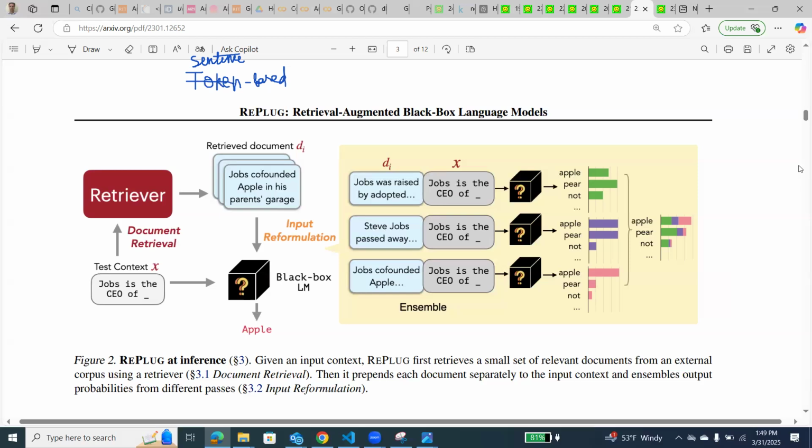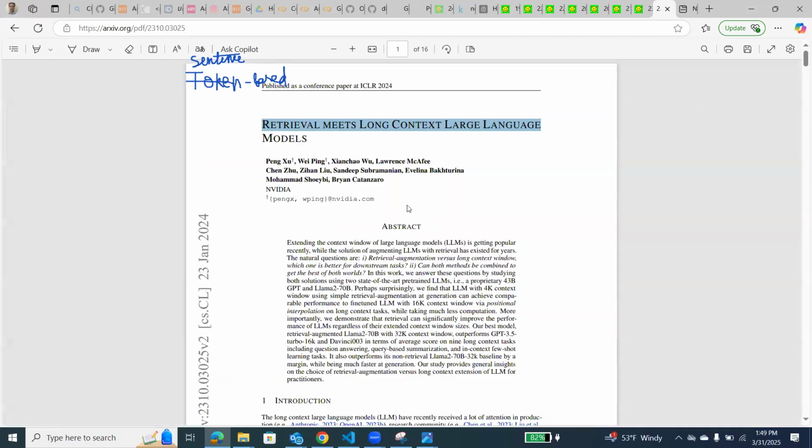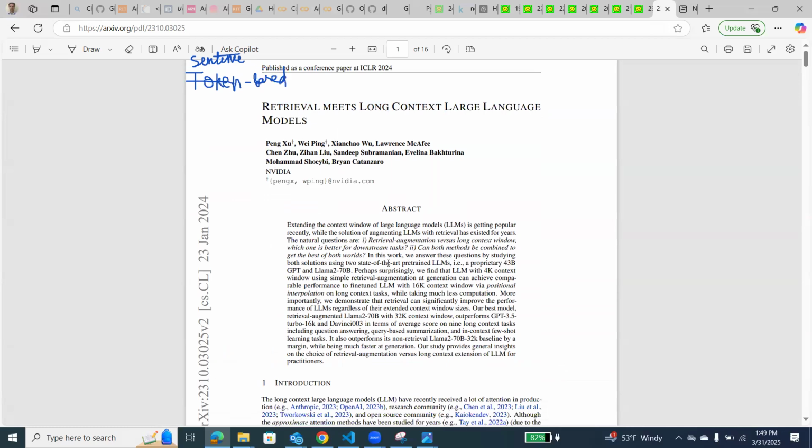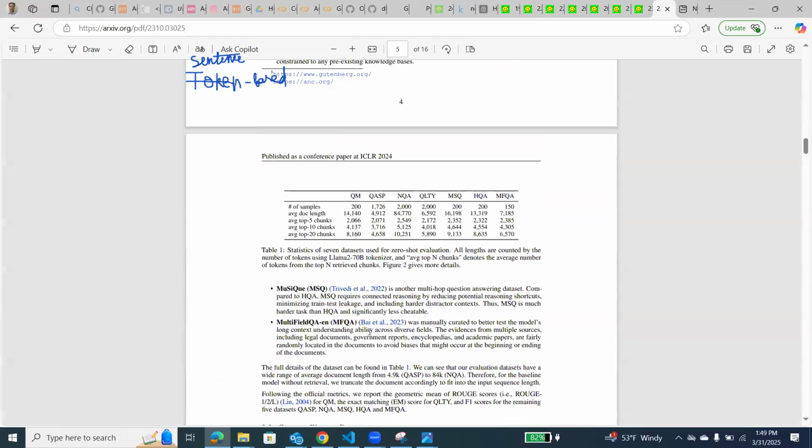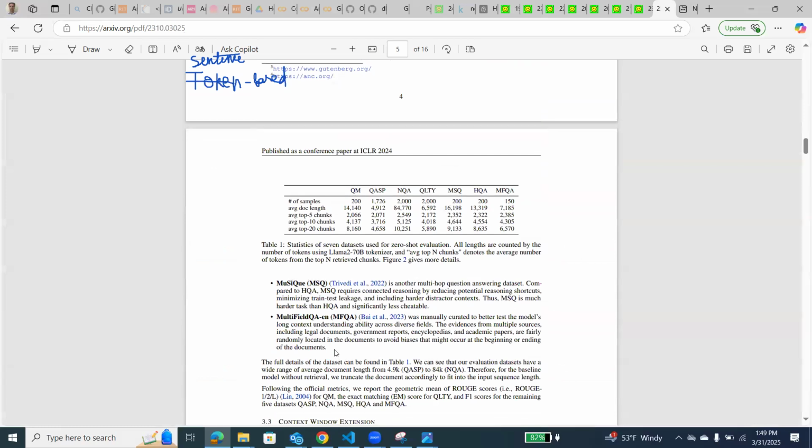And finally, the last paper, retrieval meets long context. In this paper, they fine-tuned neither the generator nor the retriever.